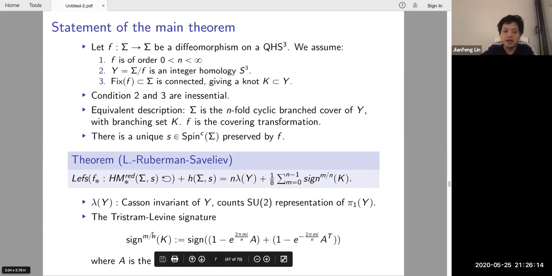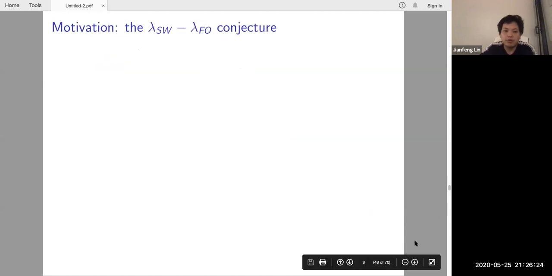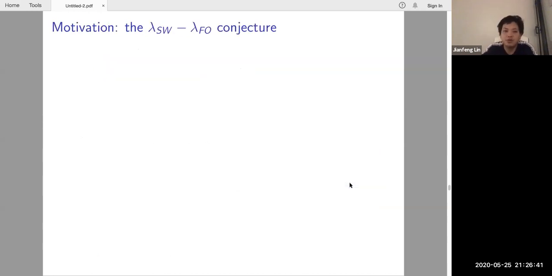It's defined as the signature of this expression, where A is the Seifert matrix. Okay. All right, so in other words, we are able to express the normalized monopole Lefschetz number in terms of some more classical invariants, including the Casson invariant and the twisted signature.